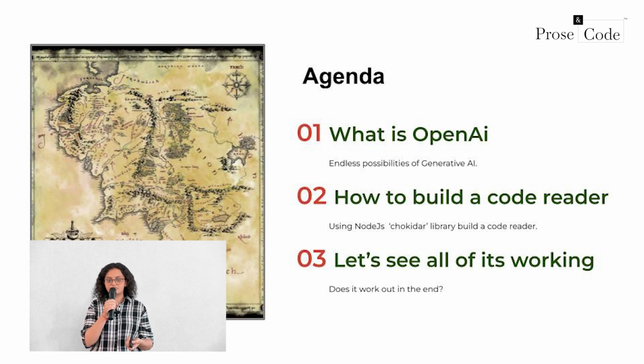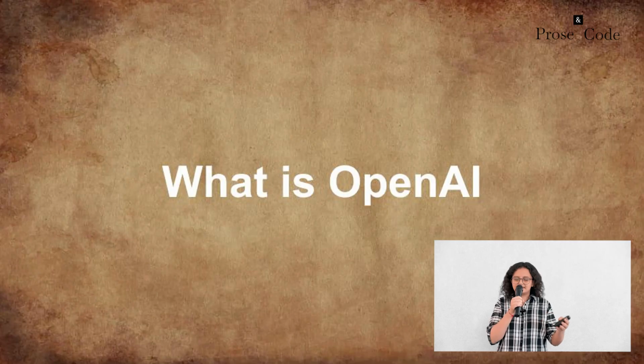First, what is OpenAI? Is there anyone who hasn't heard the word OpenAI? No, right? Everyone has come across this because it's the new hype, it's the new thing on trend. What OpenAI basically is, is artificial intelligence. OpenAI helps us to connect with the artificial intelligence.